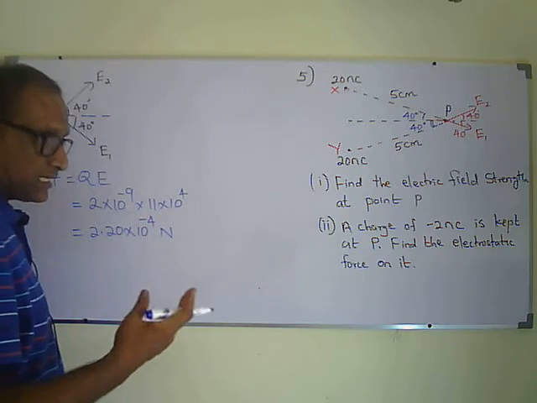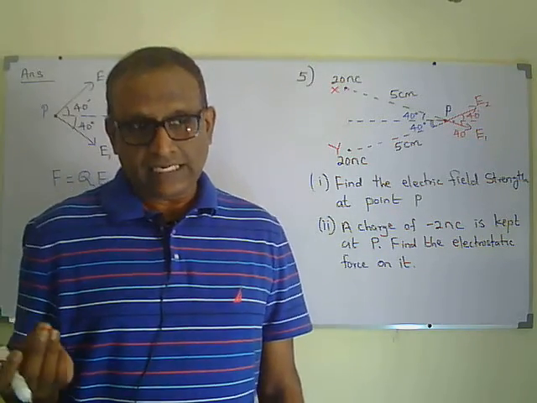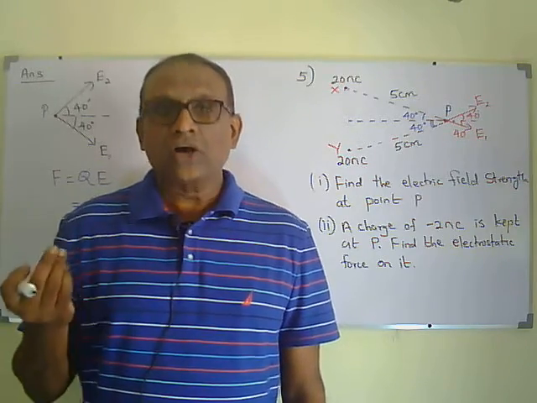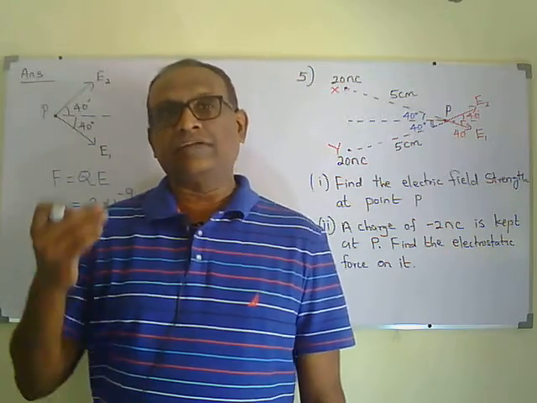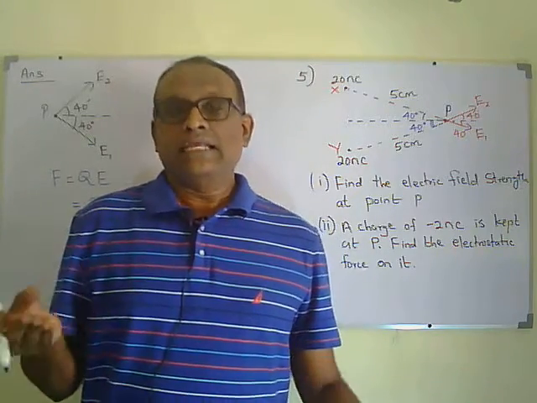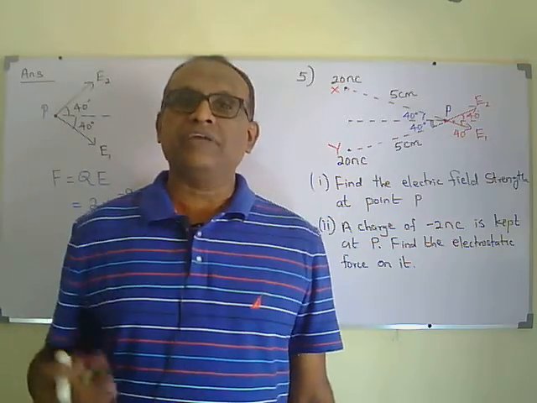I told you yesterday also, if you keep a positive charged particle in an electric field, it will experience electrostatic force along the direction of the electric field, along the direction of field lines.